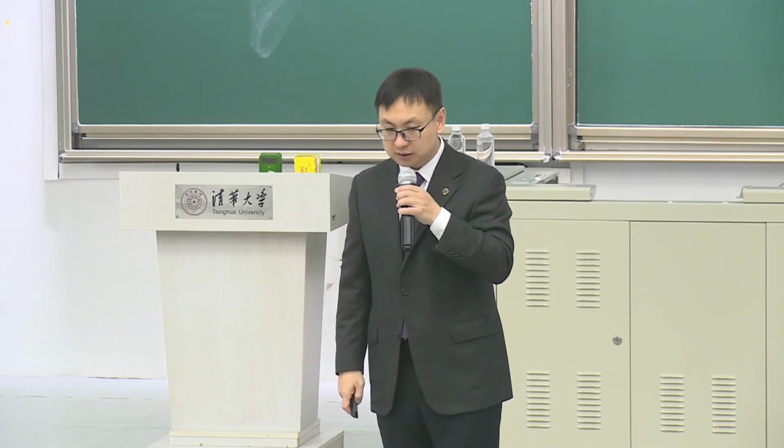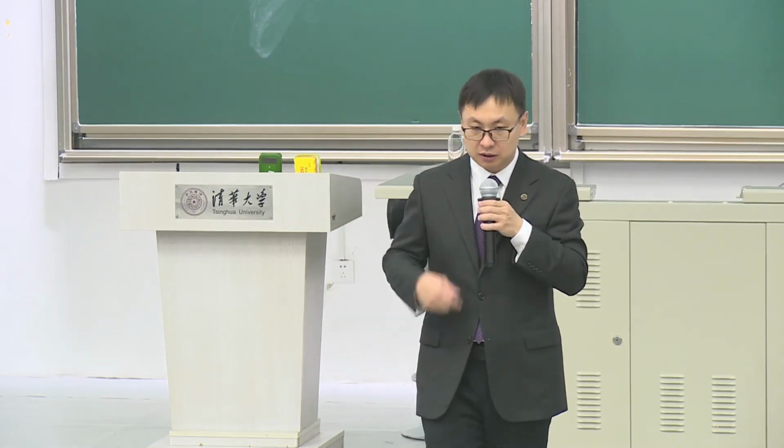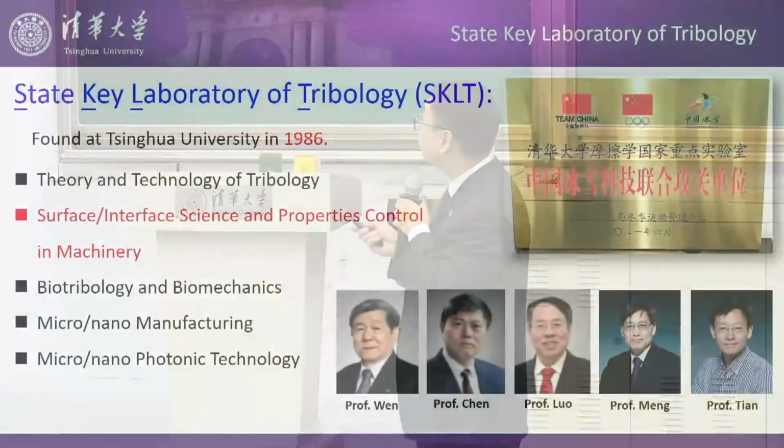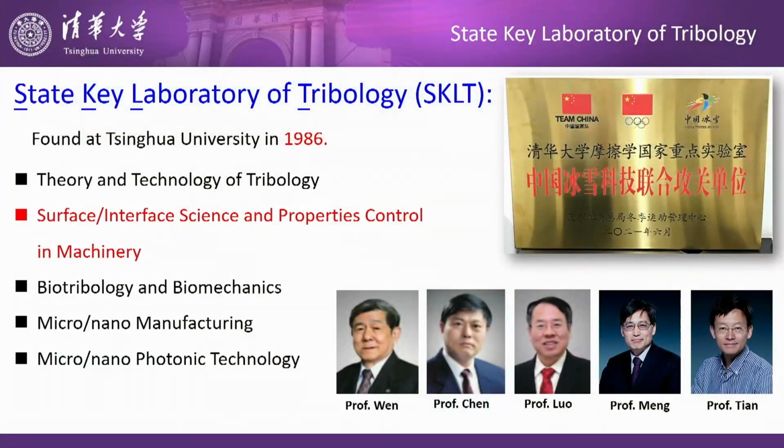All right, please let me introduce our facility, our lab. The State Key Lab of Tribology, SKLT, was founded in 1986. It's under the Department of Mechanical Engineering. Professor Wen, Chen, Luo, Meng, and now Professor Tian is the chairman.